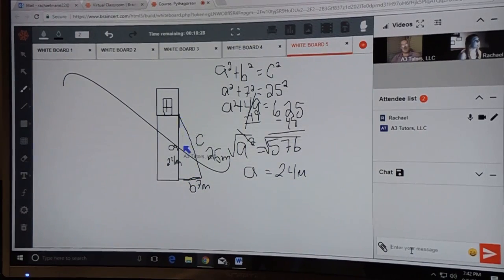Probably didn't draw out exactly to scale, but does that look like it could be correct? Yes. And that is the correct answer. Awesome.